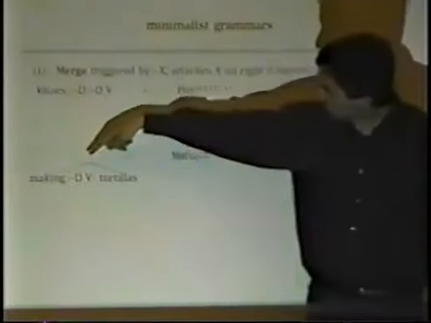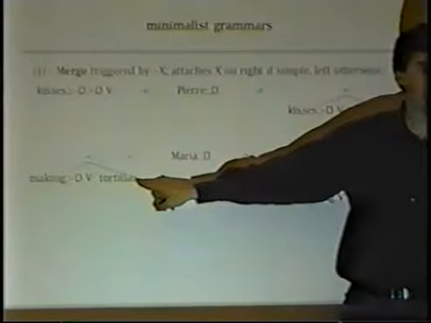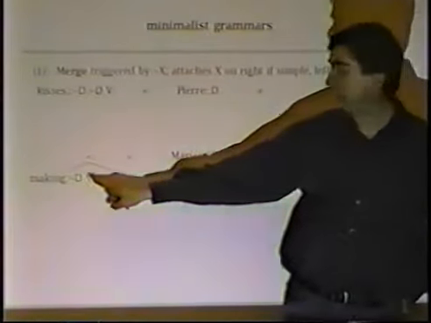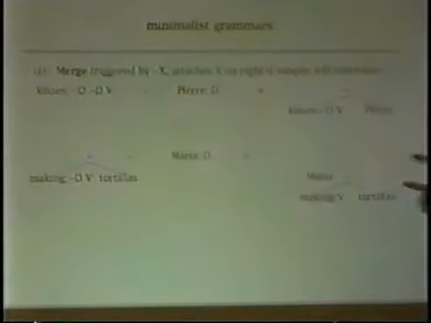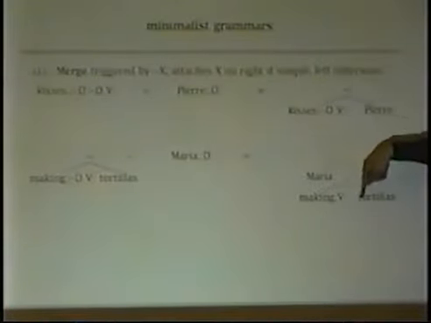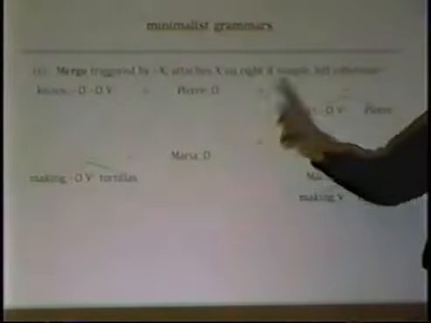But if you have a structure which is already complex, so making here is already combined with tortillas, but it still wants to select another determiner phrase, if it combines with one, that second one is attached on the left, the specifier position. So we get little structures like this where the elements are ordered, and each operation checks a pair of features. And that little arrow at the node points toward the head, right?